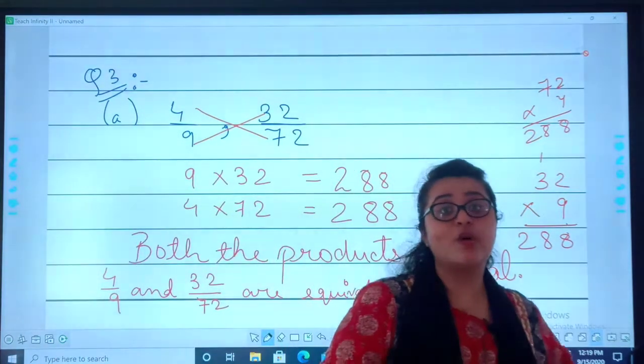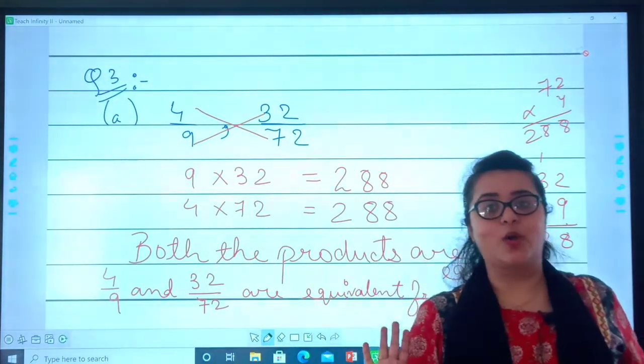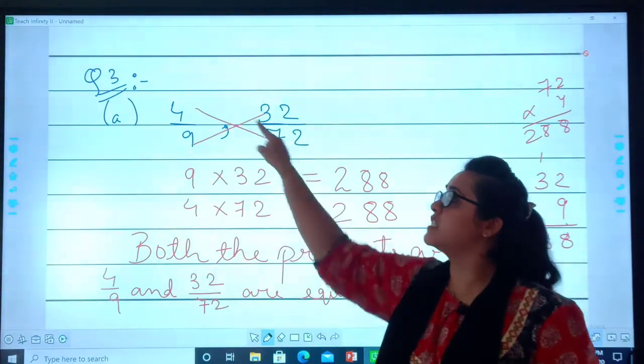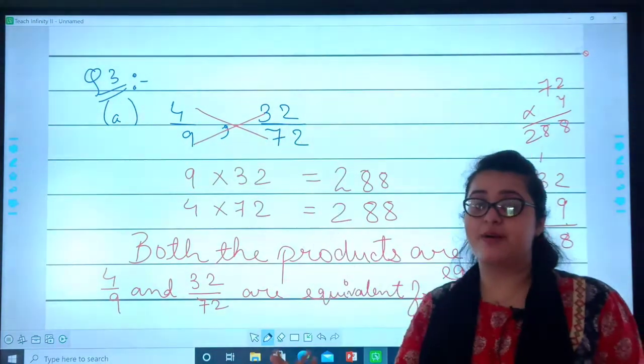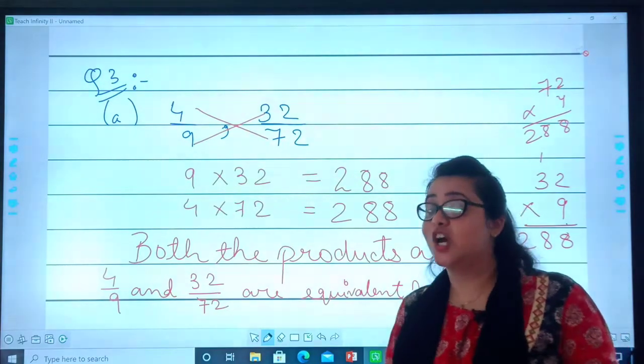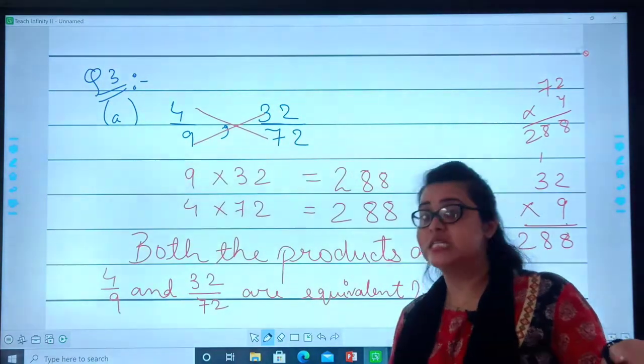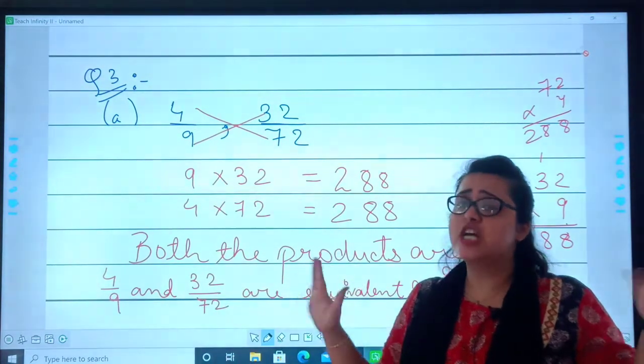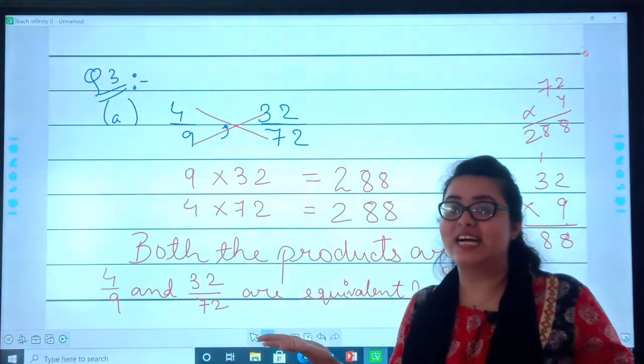So students, it is so easy ना? I enjoyed a lot while solving this sum. बहुत easy है, देखिए आप क्रॉस मल्टीप्लाई कर लोगे, अगर आपका आंसर सेम आता है then the terms are equivalent. If the answer is different, then these terms are not equivalent. It's so easy ना?